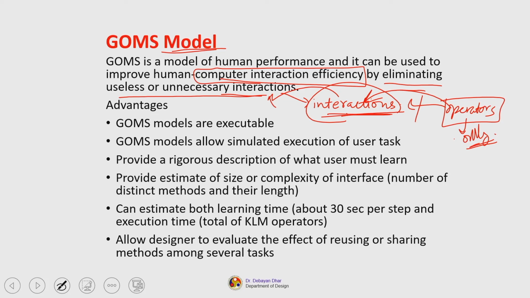They provide an estimate of the size or complexity of the interface, the number of distinct methods and their length, and how long the sequences are. They can estimate both learning time, about 30 seconds per step, and execution time, the total of the KLM operators, and they allow the designer to evaluate the effect of reusing or sharing methods among several tasks.